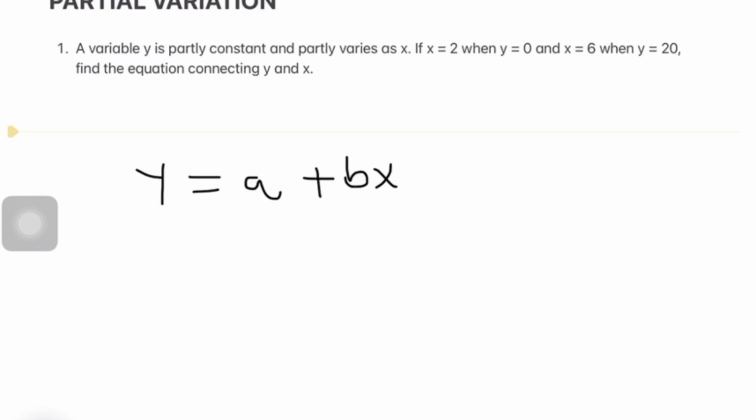Okay, so when we have it like this, now we can proceed to the second statement, whereby it's saying if x is equals to 2 and y is equals to 0, and x is equals to 6 when y is equals to 20, then find the equation connecting y and x. These two sets, when we insert them into our equation, we are going to form simultaneous equations.